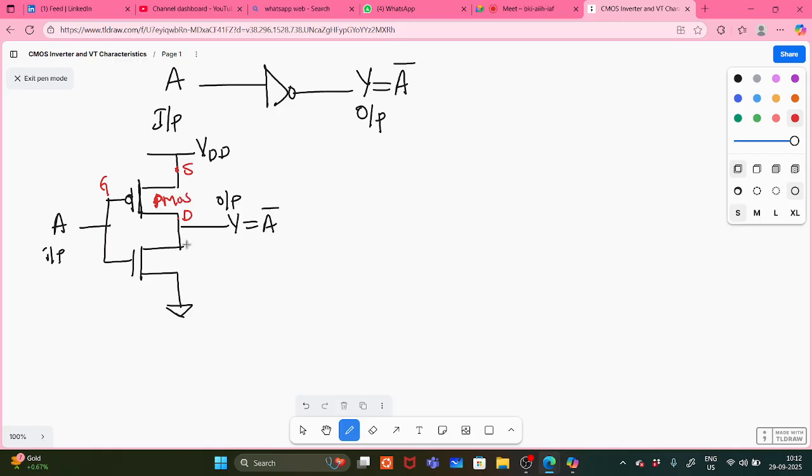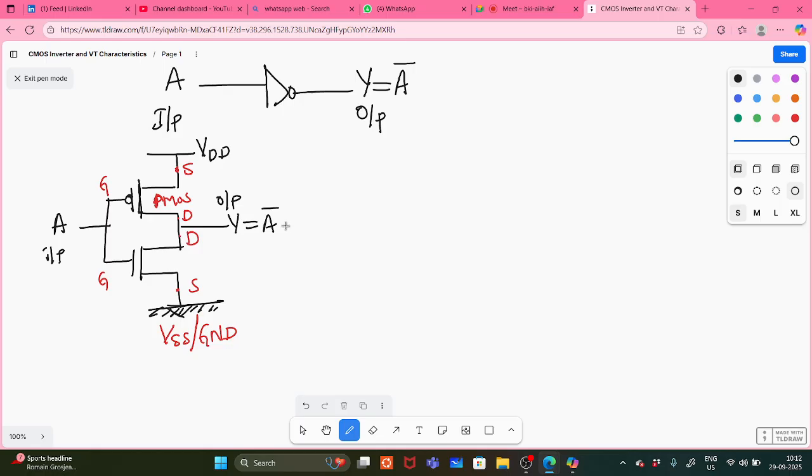Again for NMOS, drain, gate, and this is source. This you can call as VSS, or we can call it ground also. So we are connecting to ground. Okay, so like this we'll connect.